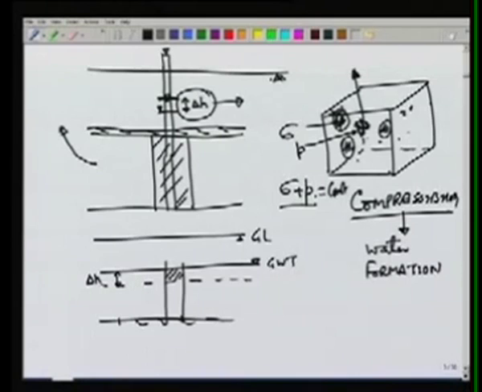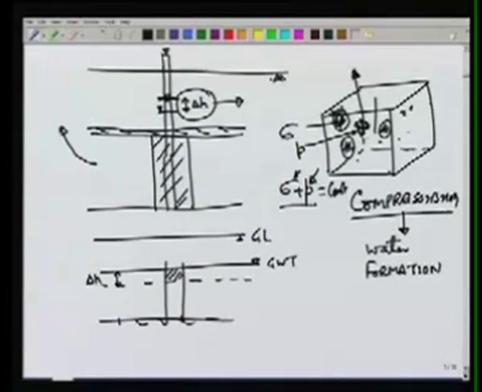So by lowering the piezometric head, we are lowering P, and therefore sigma will increase. And due to this, the aquifer or the formation will be compressed because of this increase in stress, and that compression will lead to further release of water from this element. So we will look at how to derive these terms which represent release of water due to matrix compressibility or the formation compressibility, and release of water due to water compressibility.